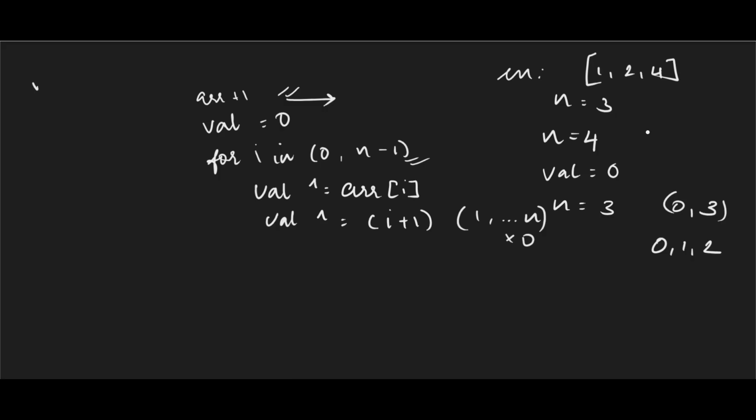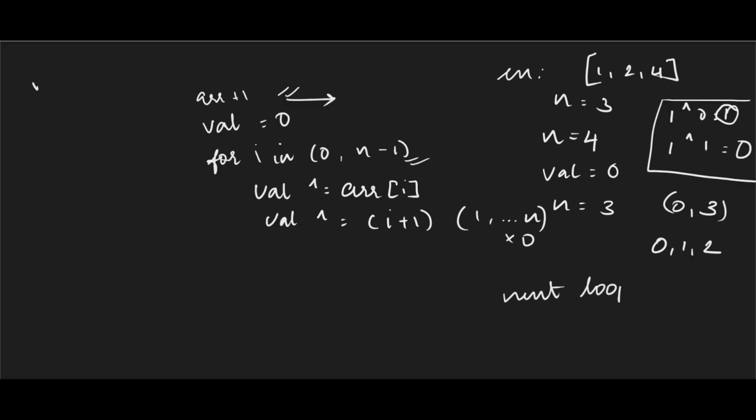So now if from the example we are taking val, 1 XORed with 0 will always be 1, and then the new value of val will be 1, and then we are XORing it with 1. So in the example we have taken 1 2 3, so 1 XORed with 1 will be 0. So the value of val will be again updated to 0, and then the iteration will continue.